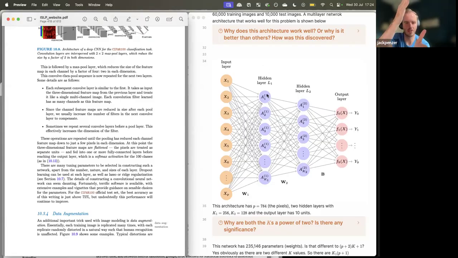So you put the input into the convolutional layer, you get a small number of filters, and then when you go to the next convolutional layer, you get a higher number of filters, and each of those is focusing on a smaller part of the image than the first convolutional layer would be.